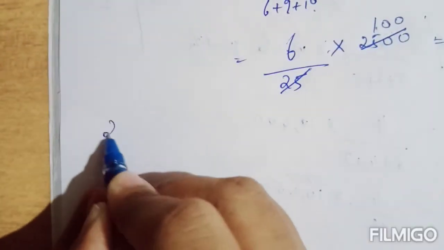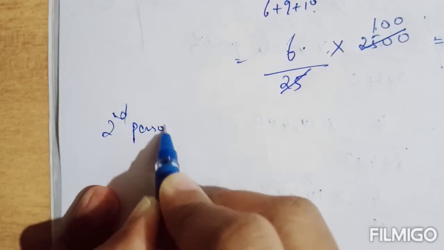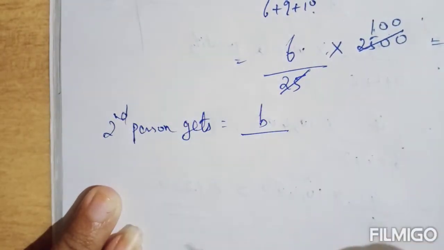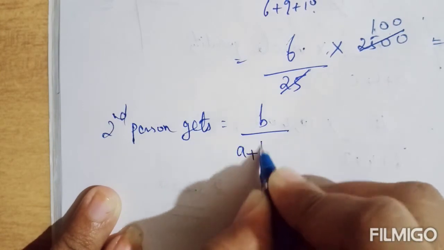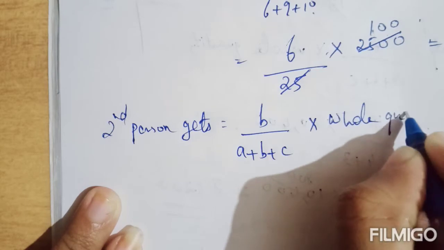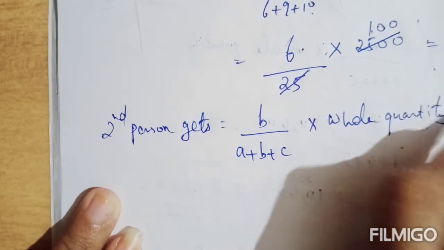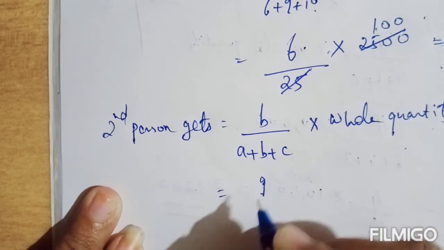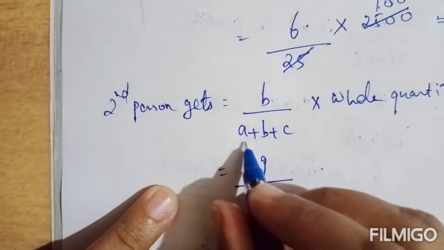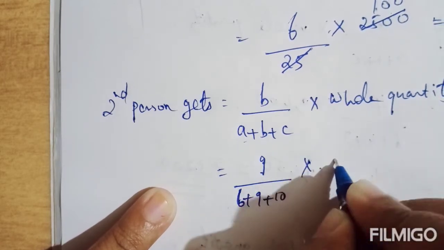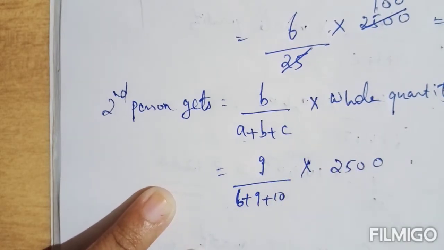Next, the amount that the second person gets. The formula for the second part: how can we find it? B by A plus B plus C into whole quantity. In place of B it is 9 by A plus B plus C, it is 6 plus 9 plus 10 into whole quantity, it is 2500.